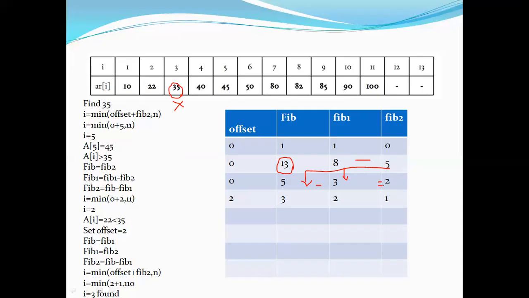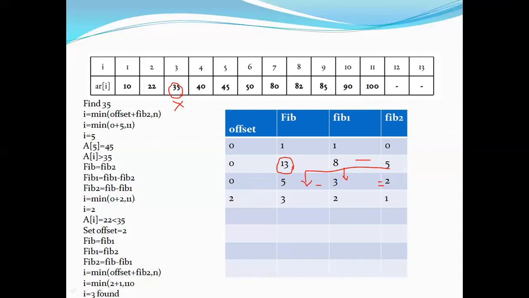This will be the first step. So according to that we fixed, and the offset will have no change, that means it is 0 only.